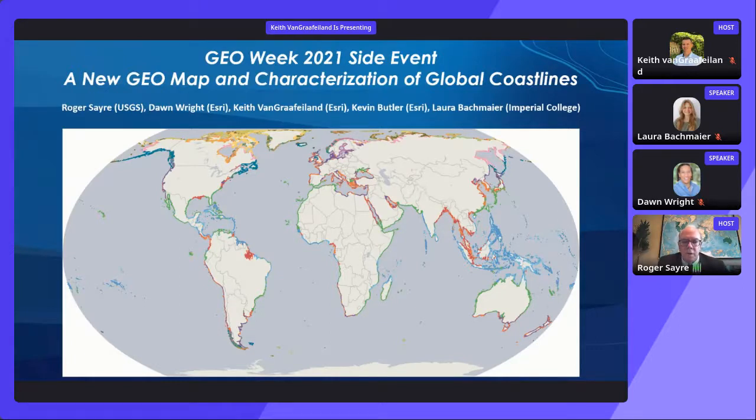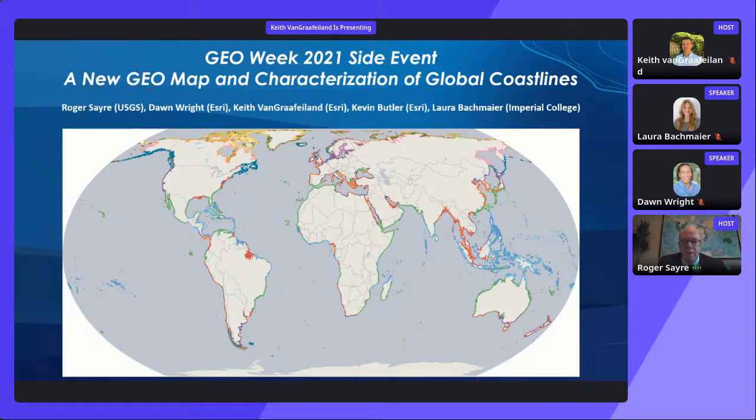I do that work under commission to GeoEco, as Dawn mentioned, and I always do that work in very close collaboration with ESRI by our shared interest in producing useful, global, where possible, geospatial content that will help us as a society face some of the global environmental problems that we are facing.